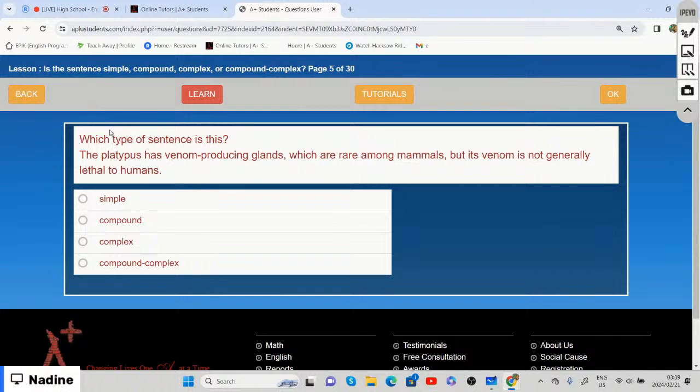So the platypus has venom-producing glands, which are rare amongst mammals. But its venom is not generally lethal to humans.